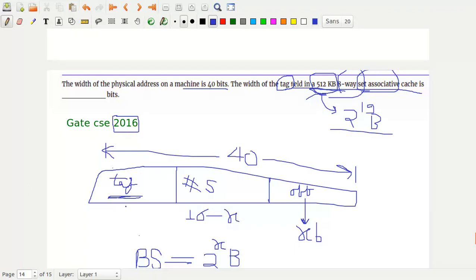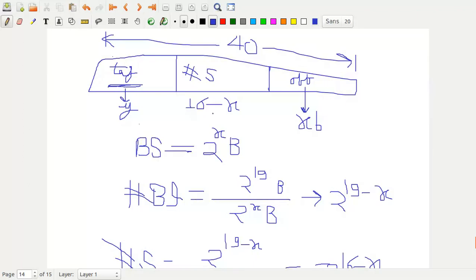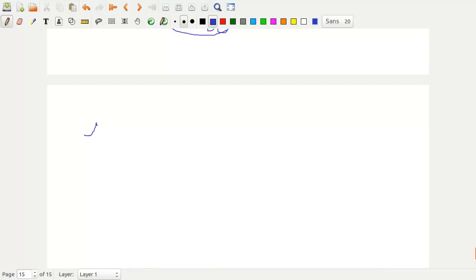So tag field we have to calculate. Let's assume that number of bits required to represent this tag field is y bits. So total y plus 16 minus x plus x should be equal to 40. So y plus 16 minus x, which is bits required to represent number of sets, plus x should be equal to 40.